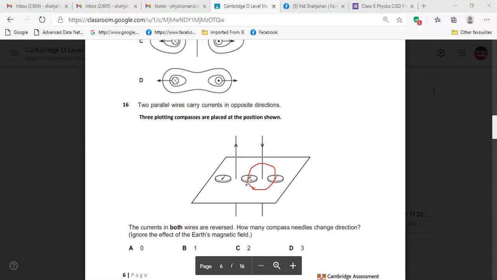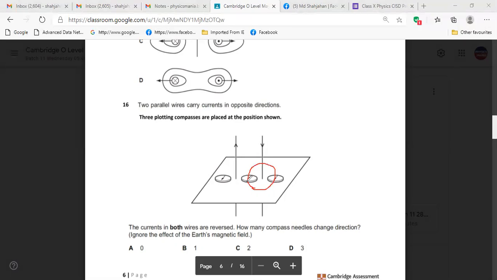Both compasses are here. So both the compasses are reversed here, right? If it is reversed, it will come to this direction, isn't it? But why will it become reversed?